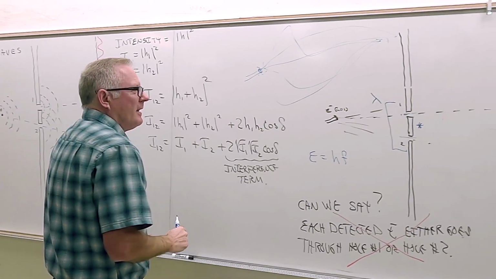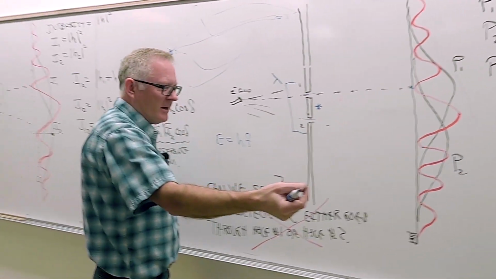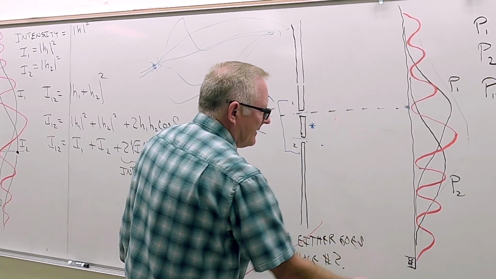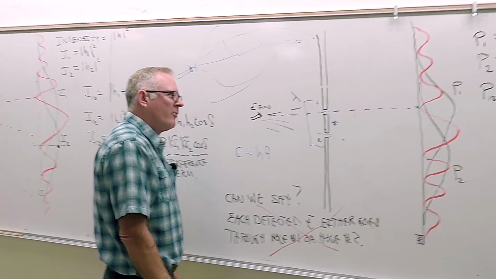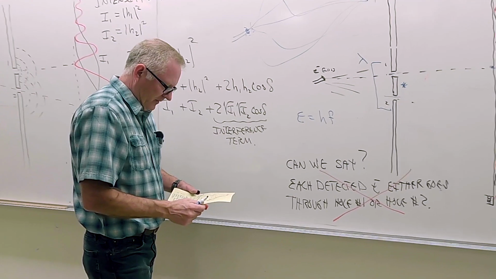If you don't know which one they go through, you get the red pattern. When I put the hair in front of the laser, I didn't know which way it went, so I got the red pattern. But if I had thrown one photon at a time, I would have gotten the blue pattern.